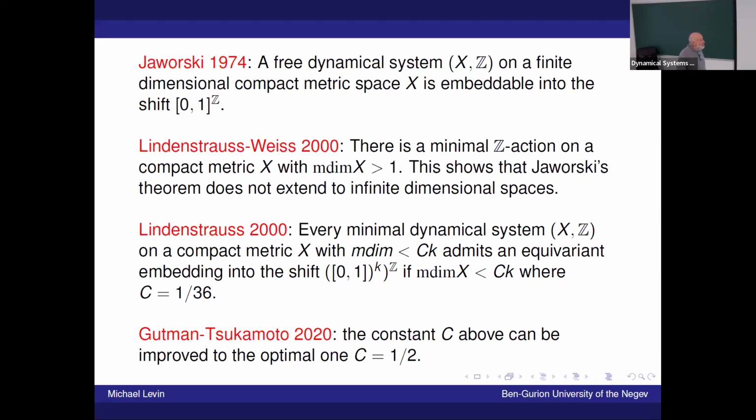So you can construct such an embedding with C equal to 1/2.